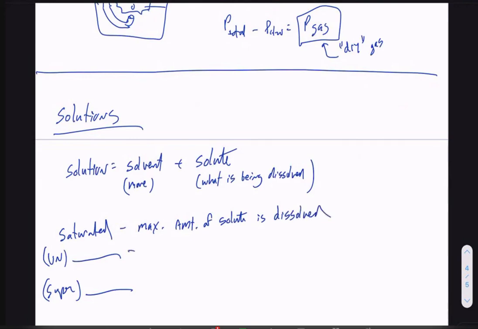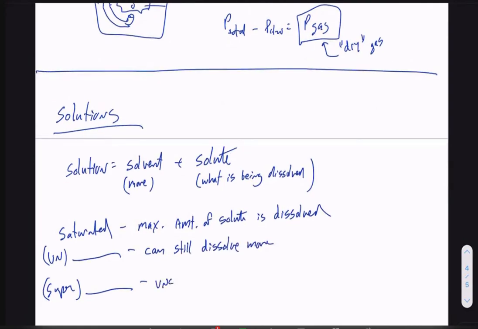Whereas if it's unsaturated, well, then you can still add more. And supersaturated is unstable, has more dissolved than is allowed.